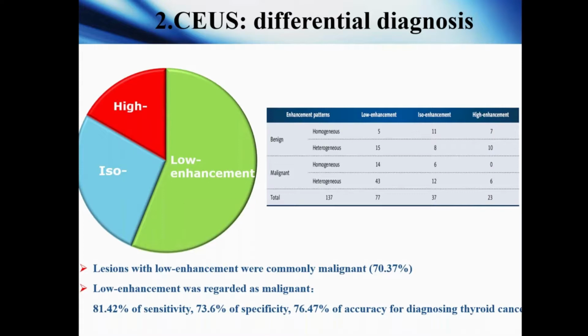If low enhancement pattern was regarded as malignant, the sensitivity, specificity and accuracy of CEUS were respectively 81.4%, 73.6%, and 76.5% for the diagnosis of thyroid cancer.